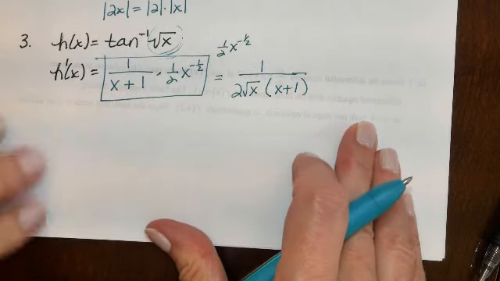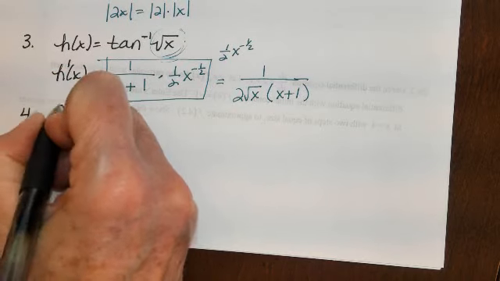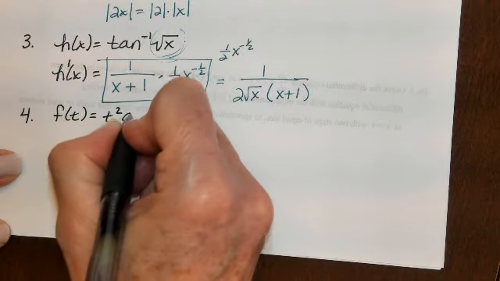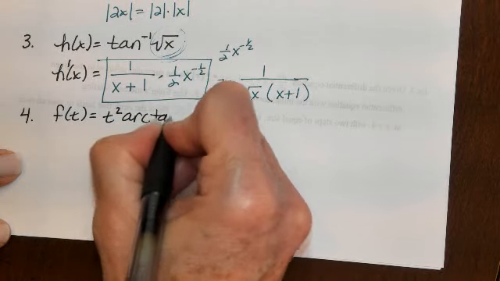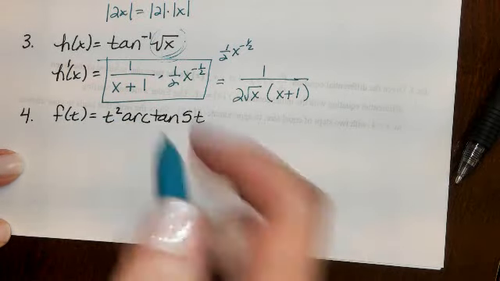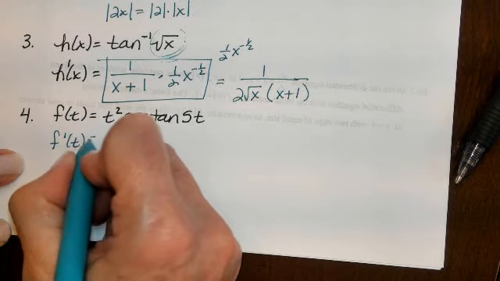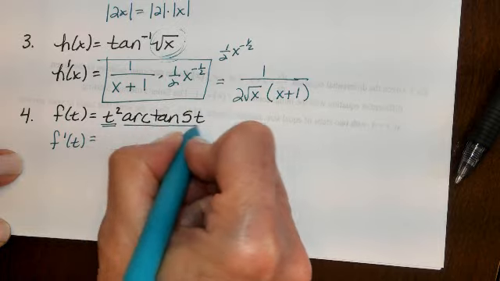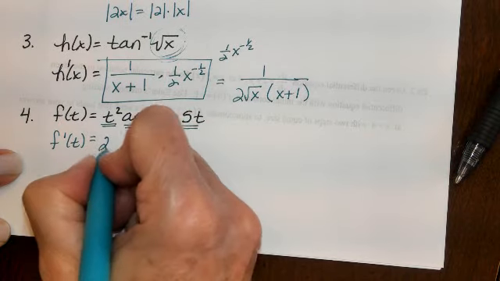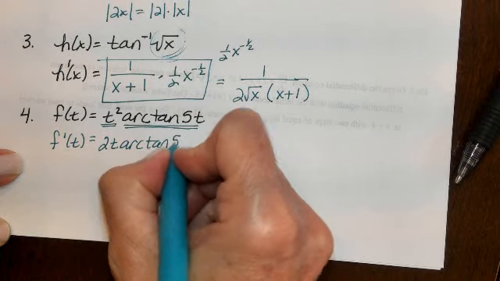Number 4. What if we have f of t is equal to t squared arctan of 5t? What is f prime of t? Well, this is a product rule because we have a product of 2 functions. So start with your t squared, the derivative is 2t. Leave the other function alone.